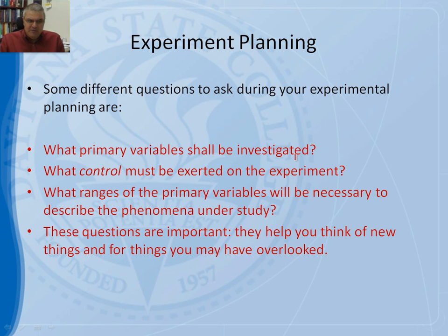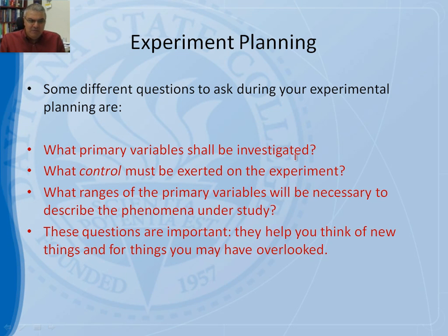What control must be exerted on the experiment to make sure the parameters are within a range and within reach? We can't just measure any type of variable for any reason. We want to make sure we are within a certain range that would control the experiment itself.